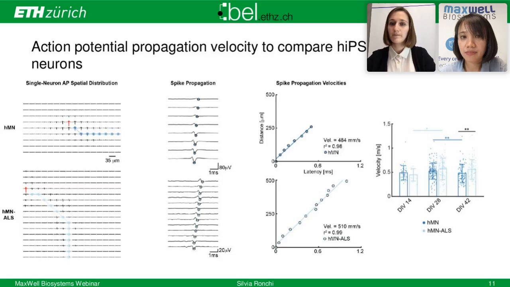Yes, so this one was also for the ALS, and it's represented in the line below. You can see here one neuron of the ALS line, and then the alignment of the action potentials in space and time, and then the computation with linear regression of the spike propagation velocity, and then the comparison of the velocity over time. All these are single neurons, so there is spike sorting done to be sure that this is just one neuron and it doesn't come from the overlap of multiple neurons.